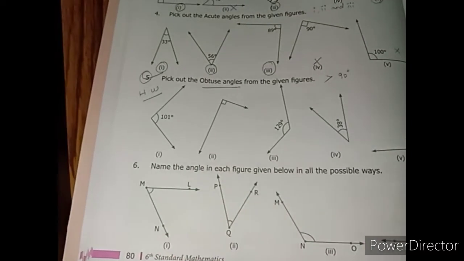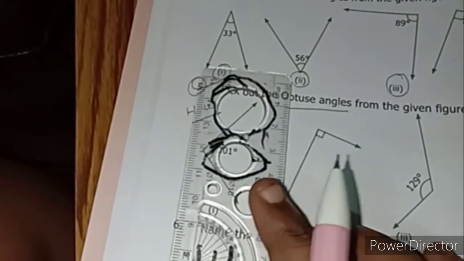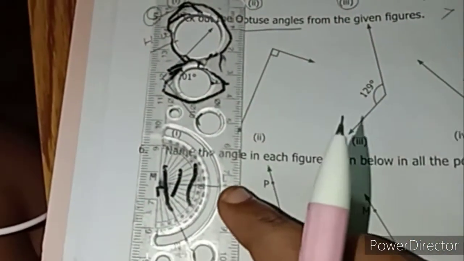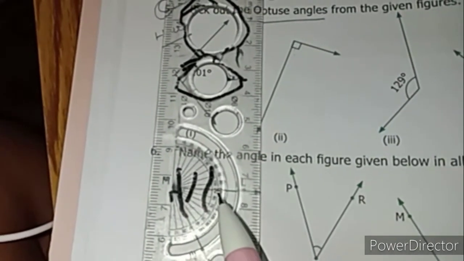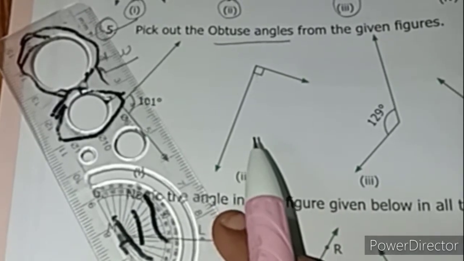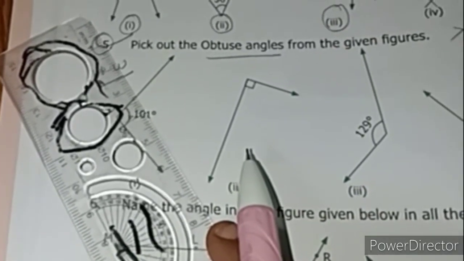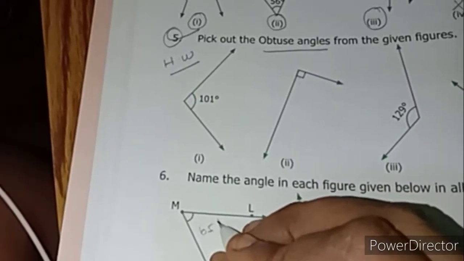For example, if I keep it here, see, I have a protractor like this. I'm keeping this at the middle point here. This is 90 degree. From here it is 65 degree. So this is 65 degree.